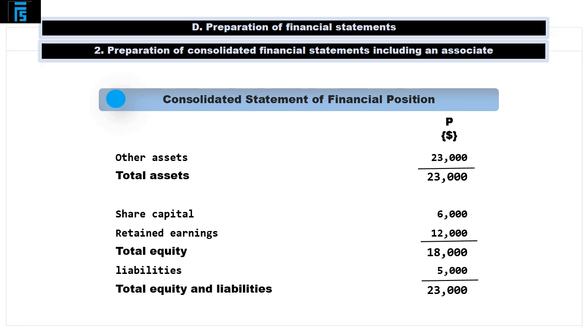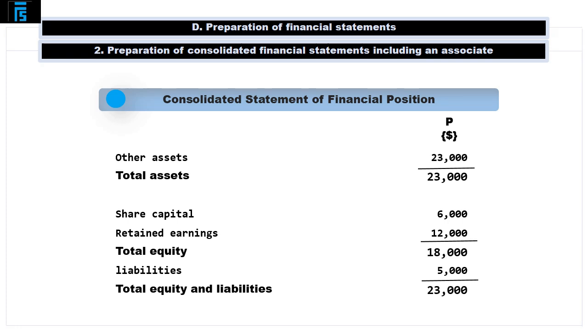In light of the fact that there was no goodwill generated upon the transaction, that result is also the figure for total assets. Moving on to the equity section, as we previously stressed, the share capital of the group is always the same as the share capital of the parent, so €6,000.